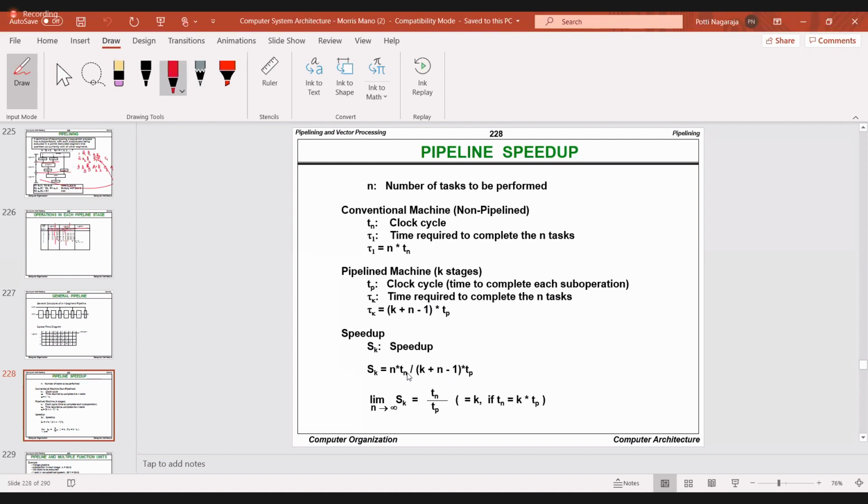We can write n Tn divided by n Tp. The n cancels, so I will get Tn divided by Tp. Tn is nothing but k into Tp. If you cancel Tp, you will get k.